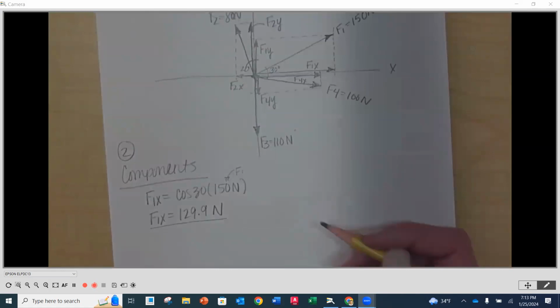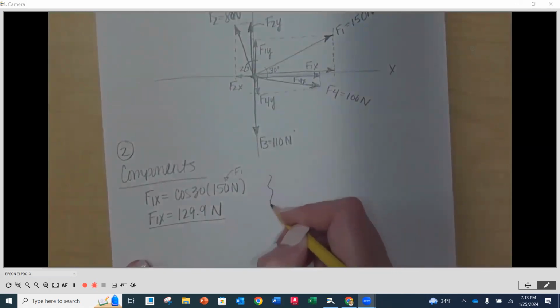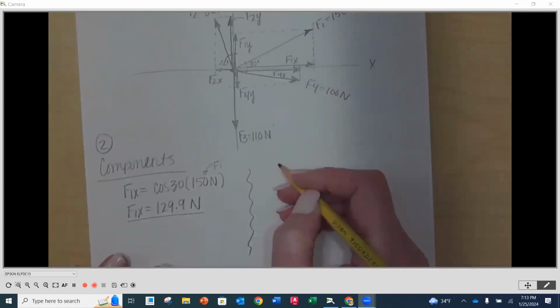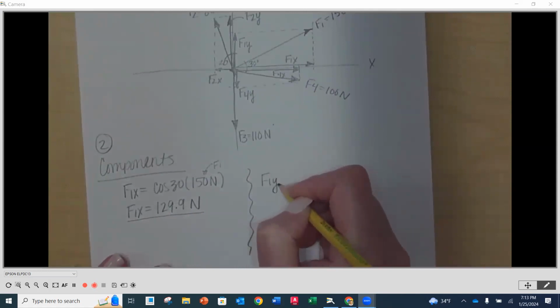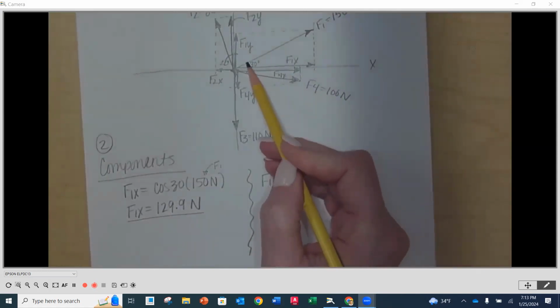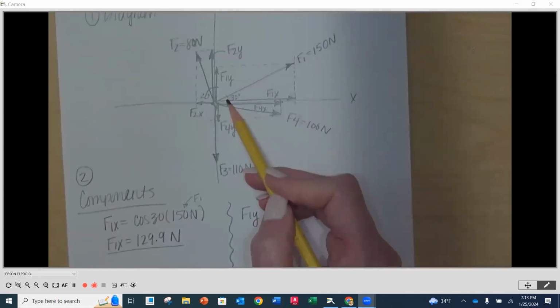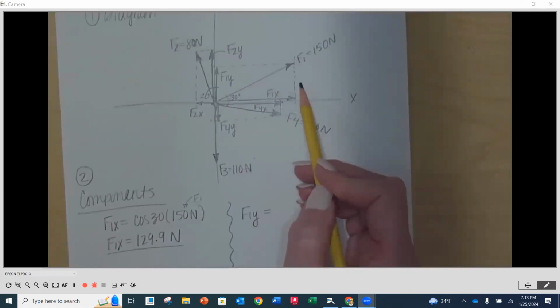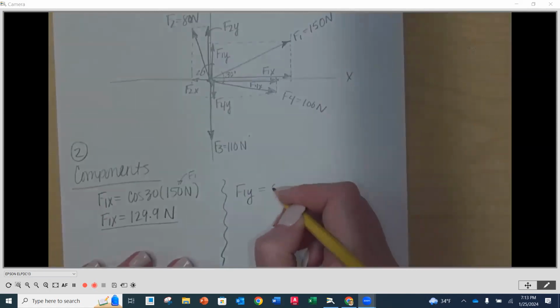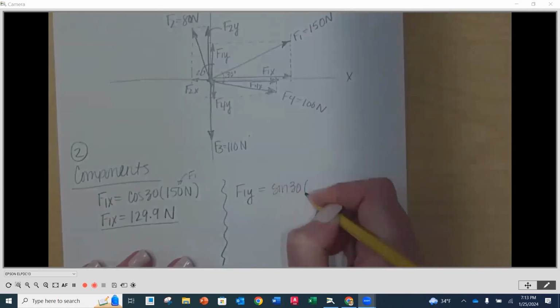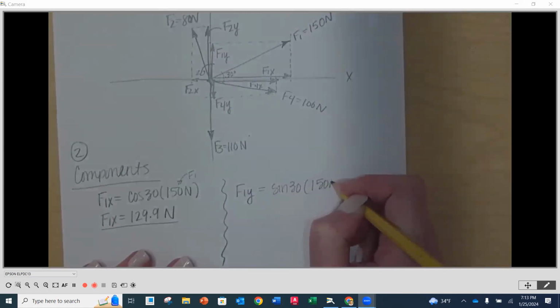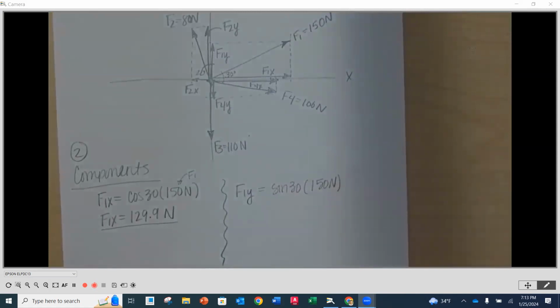All right. Then over on this side, I'm going to do my Y components. So I'm going to say F1Y is equal to. If the 30 degrees is here and the cosine was for the X component, sine would be for the side opposite, right? So I'm going to say sine of 30 times that hypotenuse, which is 150 newtons. Make sure you add the units in there. Show the units along with it.